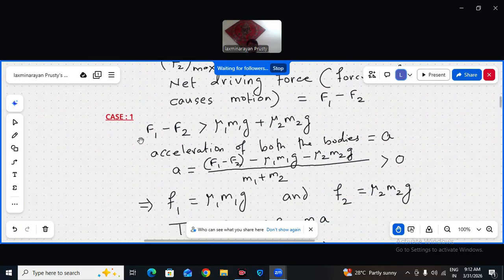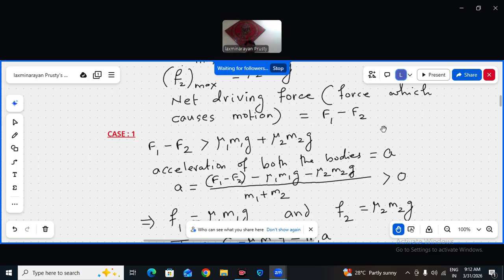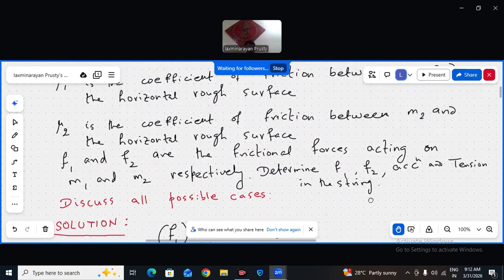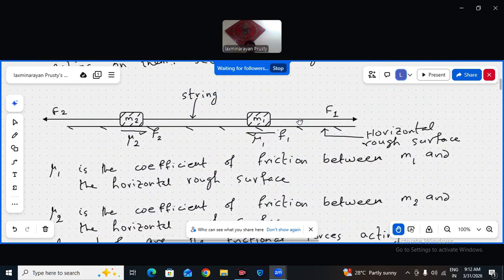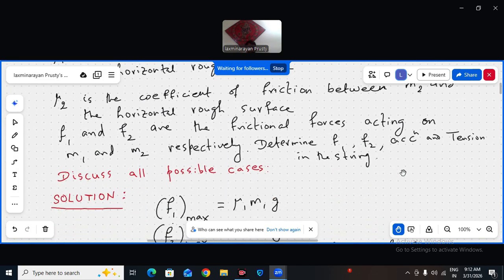Case 1: F1 minus F2, the net driving force, is greater than the sum of maximum friction forces. Then obviously, if F1 minus F2 is greater than f1 max plus f2 max, then M1 and M2 along with the string will start sliding to the right.